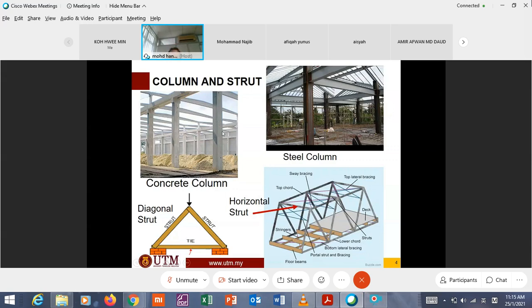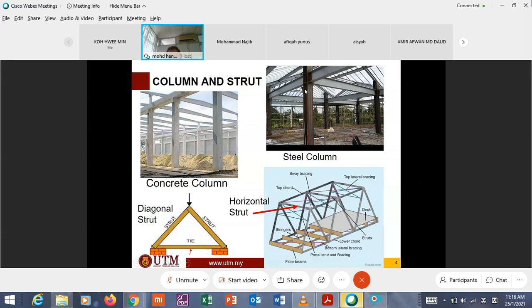Now steel column. For concrete column, the section is normally solid, rectangular or circular or square. But for steel section, it is called open section. It is made of flange, web, thin elements, and combined into hybrid section becomes I section or H section, or channel or angle section.